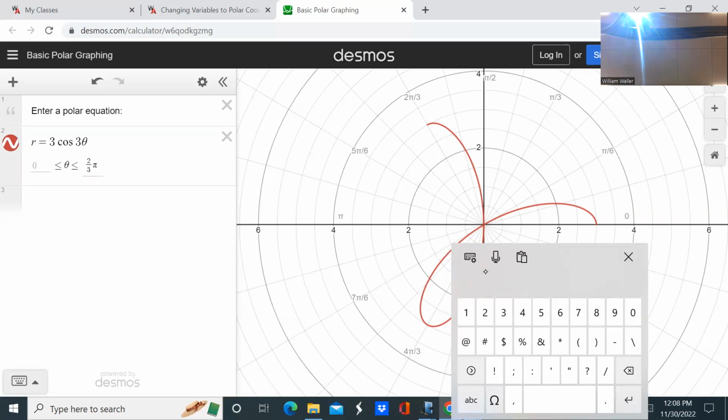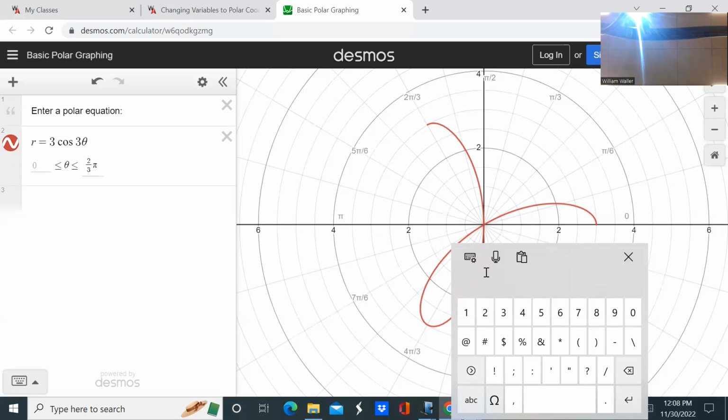You're going to get all output values from 1 to -1. And you're getting all angles from 0 to 2 pi because you're multiplying here by 3. Since you're multiplying by 3, if you go from 0 to pi, you're actually going up to 3 pi instead of 2 pi. So you get a full revolution of angles. That's how I think of it.